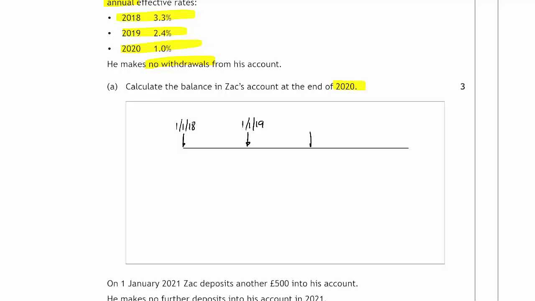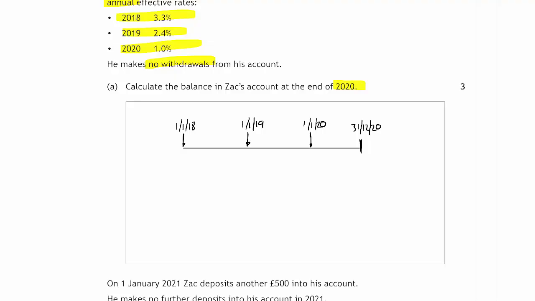Do another one, 1st of the 1st 20. And then by the end of the year, let's work out by the 31st of December 2020, let's work out how much it's worth. Okay, just trim the end off of that.